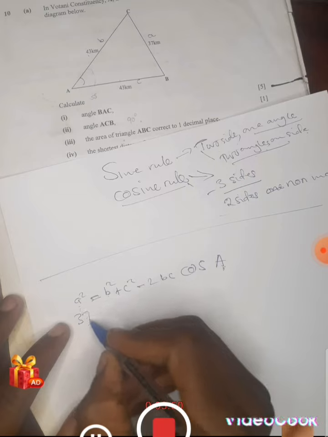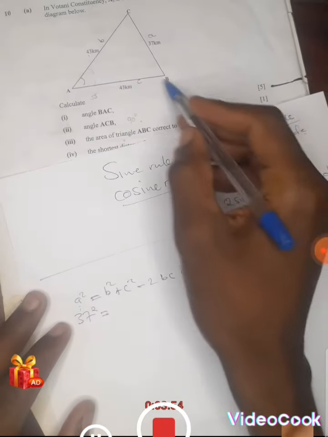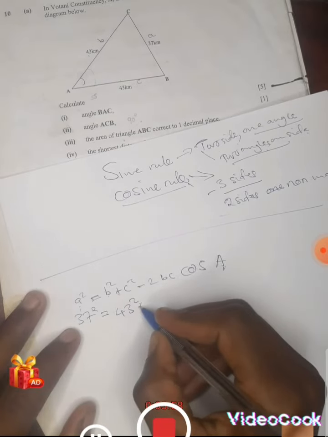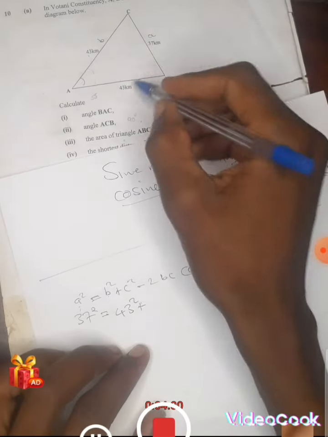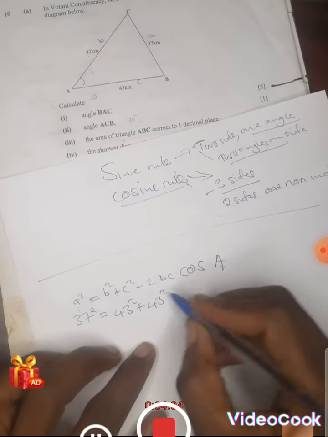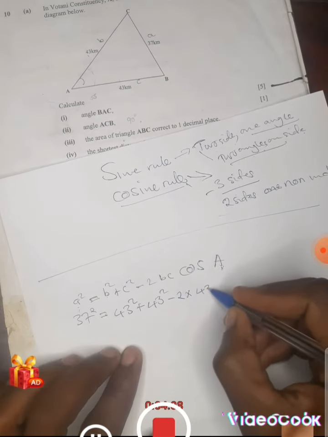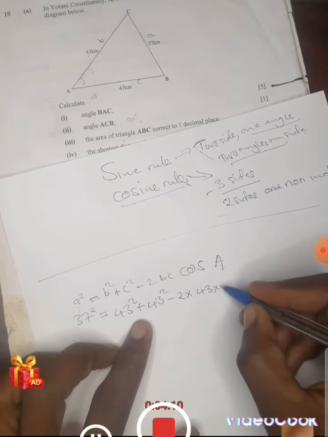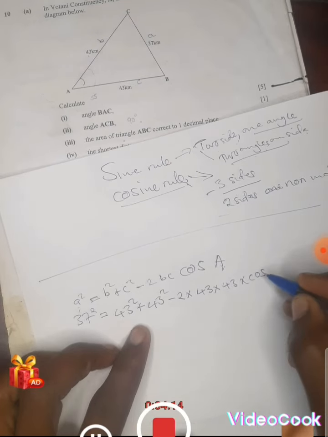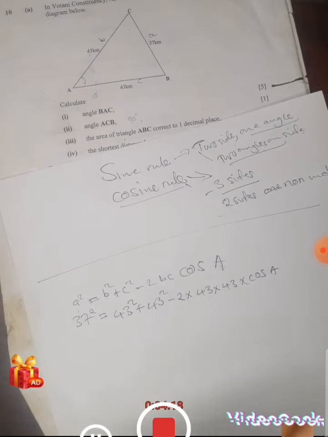So we have 37 squared, which is equal to side b, which is 43 squared, plus side c, which is also 43 squared, minus 2 times b, which is 43, times c, which is 43, then times cos A, meaning the angle which we are looking for.